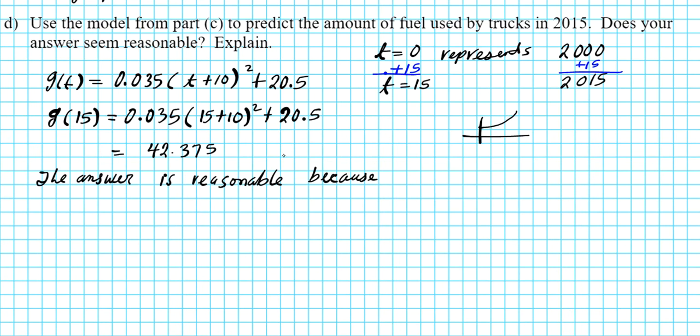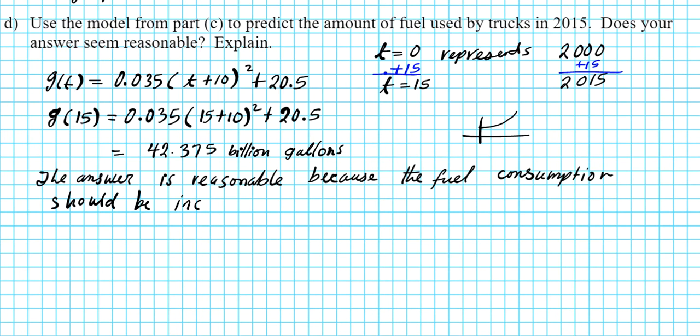So the answer is reasonable, 42.37 billion gallons. That's what it is. It's reasonable because the fuel consumption should be increasing with time, not decreasing. So that's what we have here.